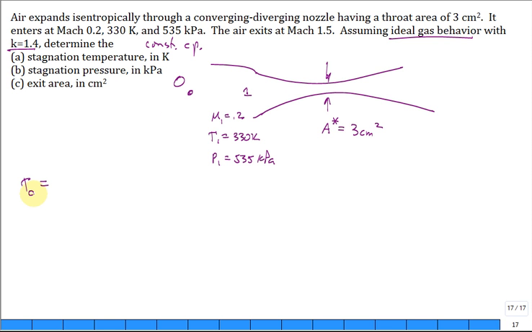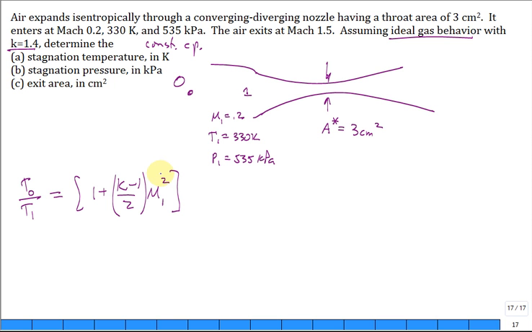Well, we unravel that equation that I won't flip back to show you, but it was T naught over T, where I know T at state 1, so T at state 1, is equal to 1 plus K minus 1 divided by 2 times the Mach number at 1 squared.